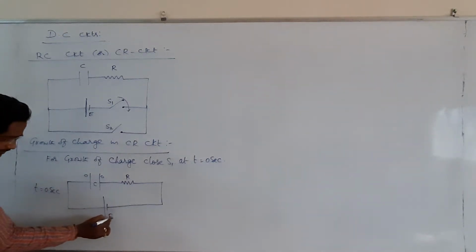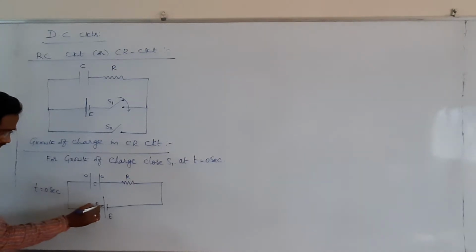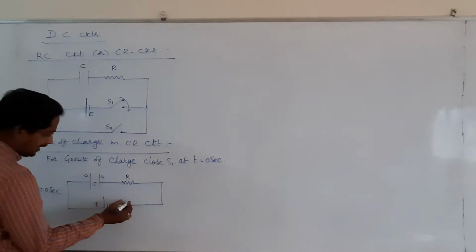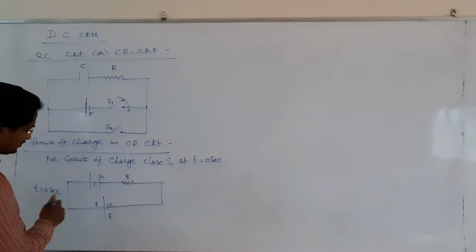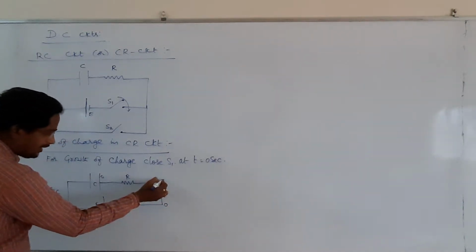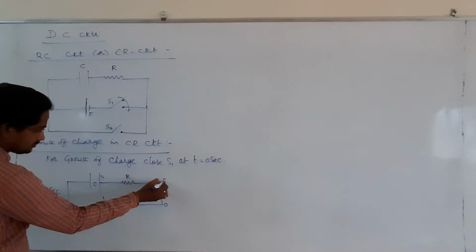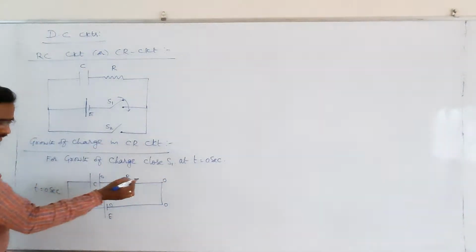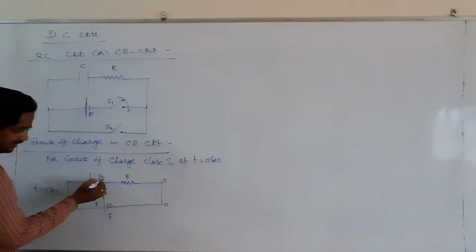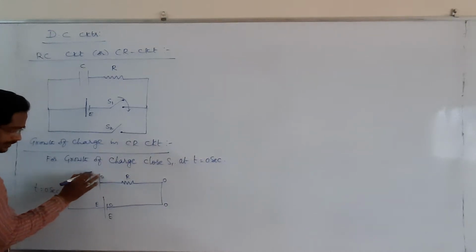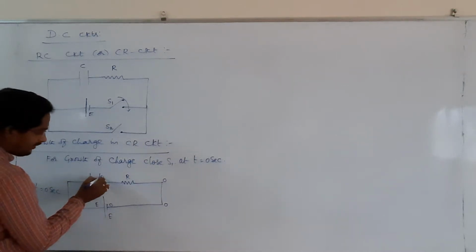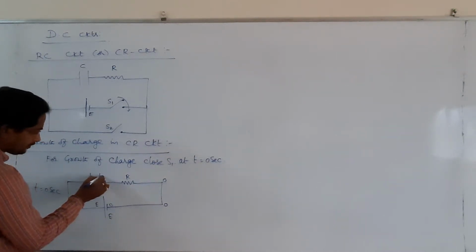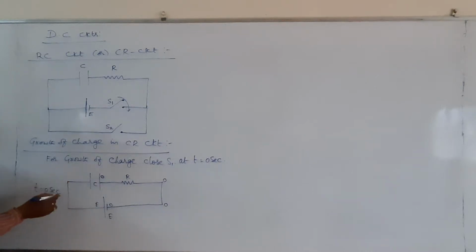The potential difference of the battery is E. If the anode potential is E and the cathode potential is 0, what is the potential here? 0. If the charge stored on the plates of the capacitor is 0, the potential here is 0.